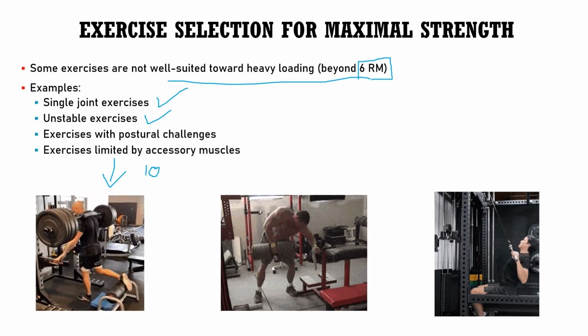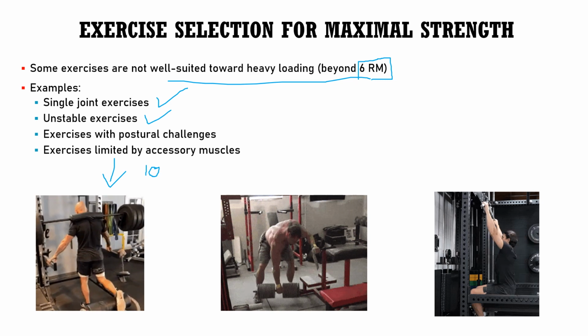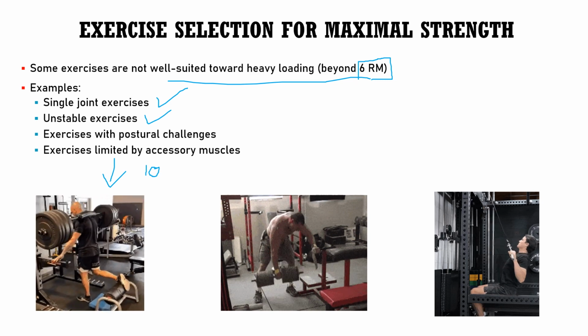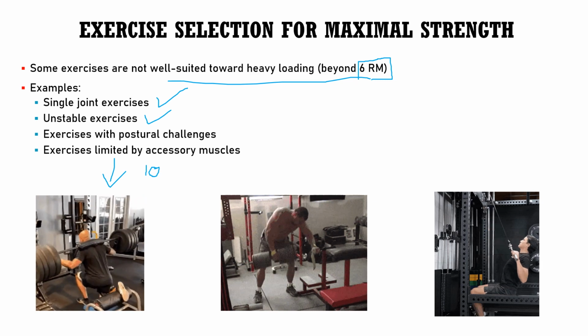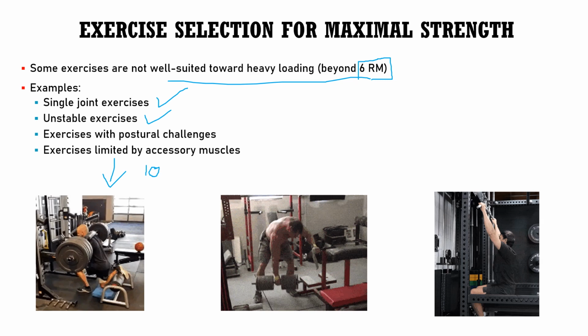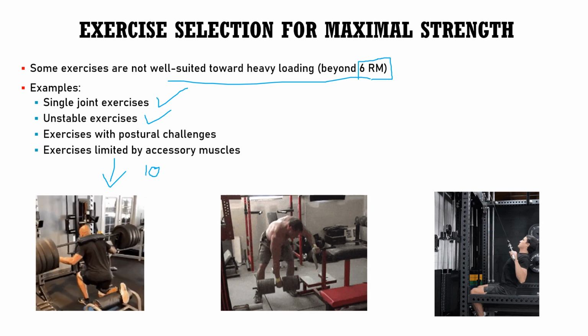So in order to provide extra stability, but still allow us to work a single leg, we're having the person hold on to the rack. This is a great idea where we're taking a relatively unstable exercise and making it more stable because we're loading it quite heavy.